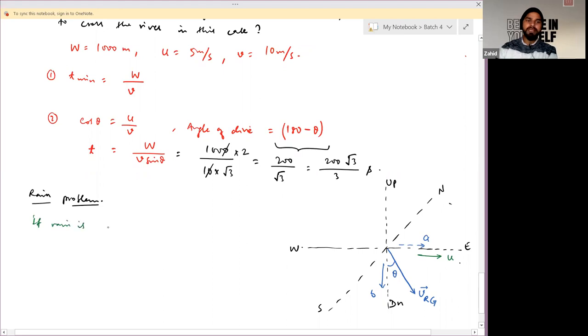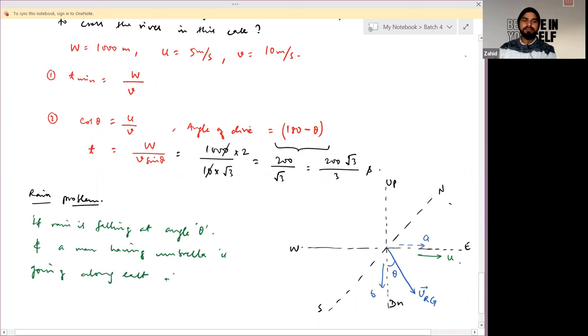If rain is falling at angle theta and a man having umbrella is going along east at velocity u. Now we have to define in which direction he should hold his umbrella to save himself.